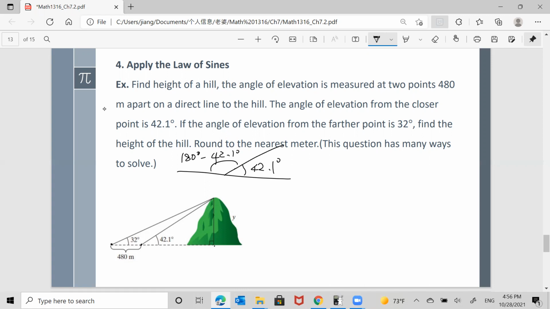If I have 2 angles, this angle can be found easily, right? So let's say, for example, A, B, and let's say this point is C. By the given information here, I can find the angle C. So let's say angle C equals 180 minus 42.1 degrees.